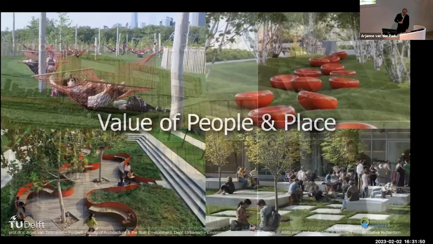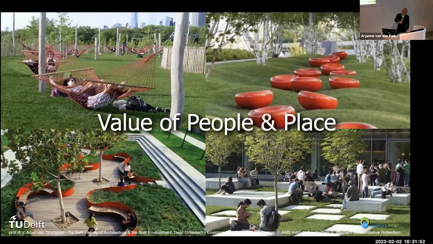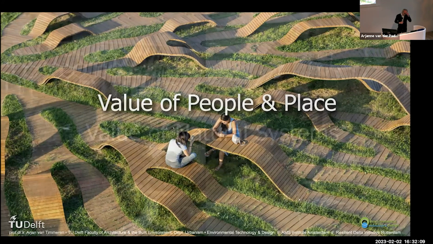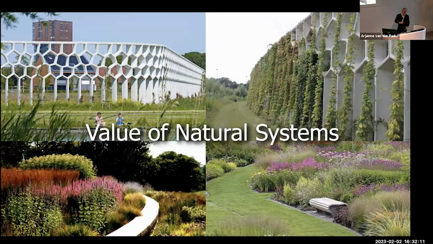So just to wrap up with some images and some values which were in my presentation, I think social ecological urbanism is about the value of people and place. Not just space, but also place. It's also about the value of natural systems, as I've shown you with the examples from Amsterdam, from Keuvel, but also the other examples before.